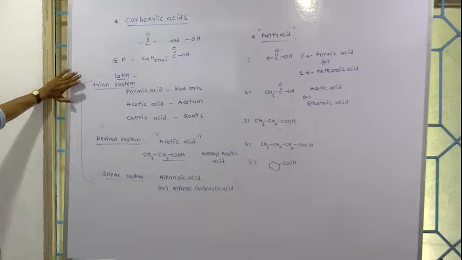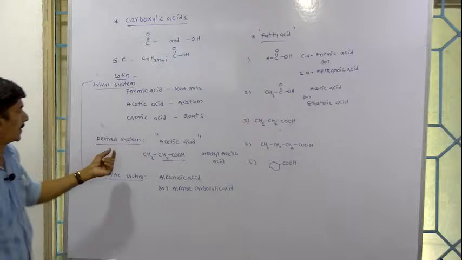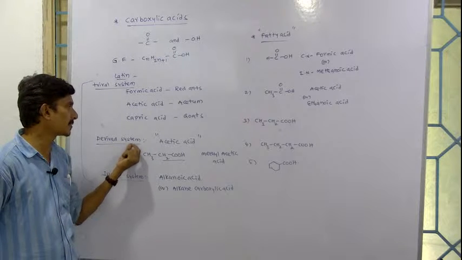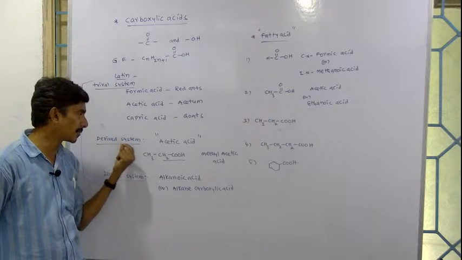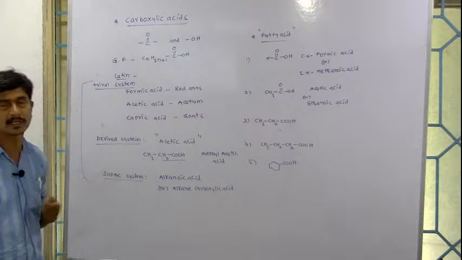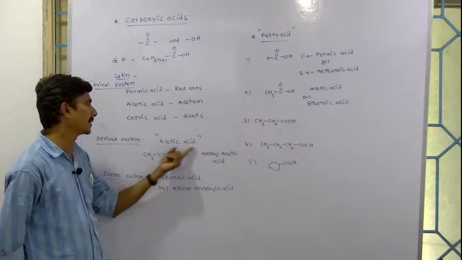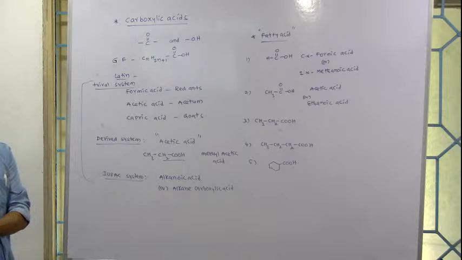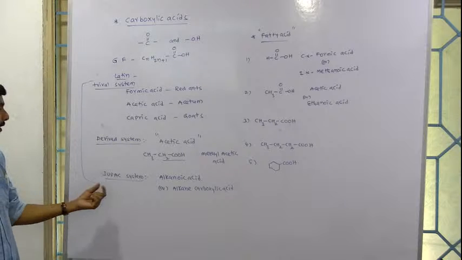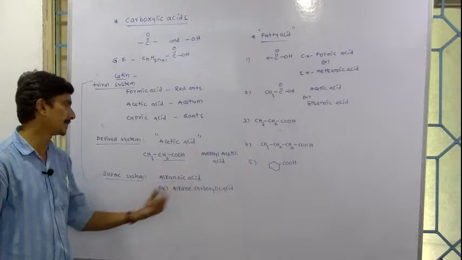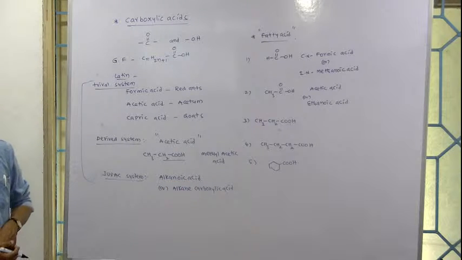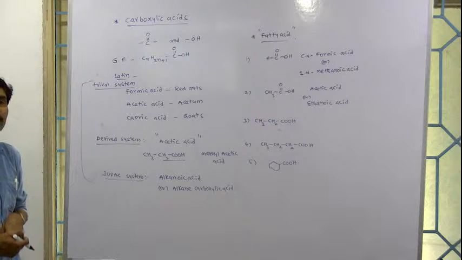Second one, derived system, it is the system generally applicable for the naming of higher carboxylic acid. They are treating as the derivatives, that is alkyl derivatives of acetic acid. Come to IUPAC name, alkanoic acid, if the carboxylic acid is present in the main chain.